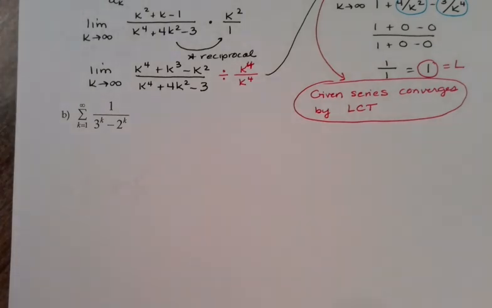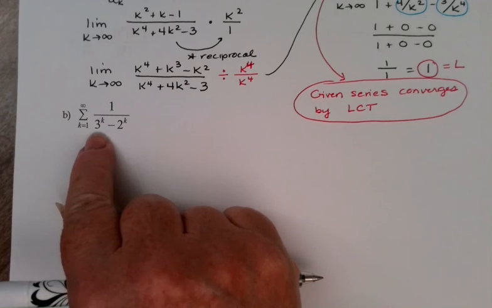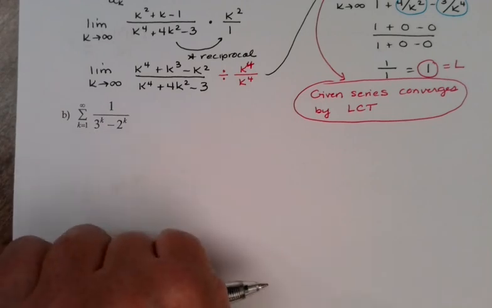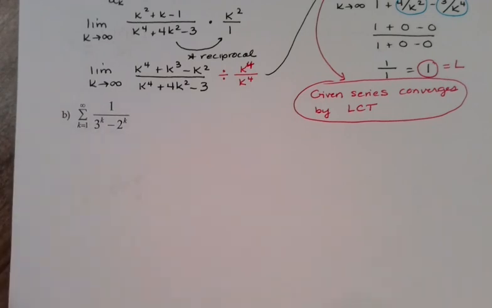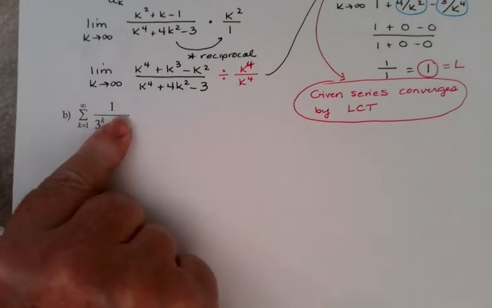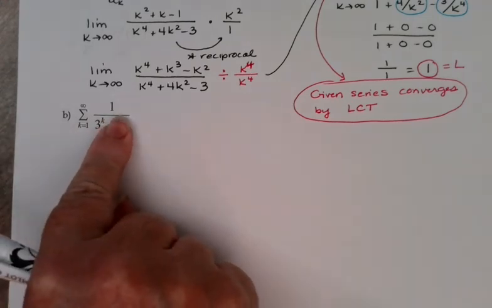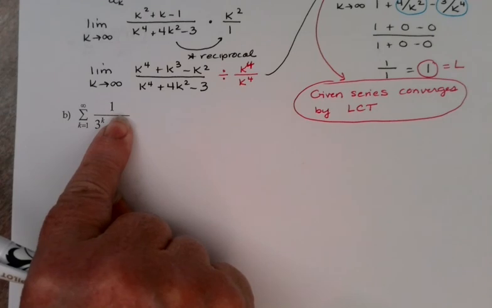In a case like this, I'm thinking of this as probably going to be geometric, and the problem is the two different terms are going to cause me trouble. So what I'm going to do is go with the one that's the larger value. I'm going to ignore the 2 to the k, and I'm going to say let's let the b sub k's, the comparison series, just be 1 over 3 to the k.